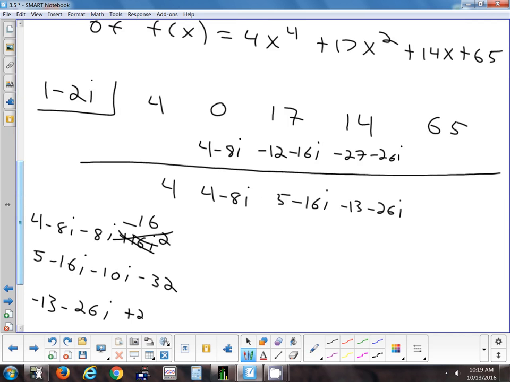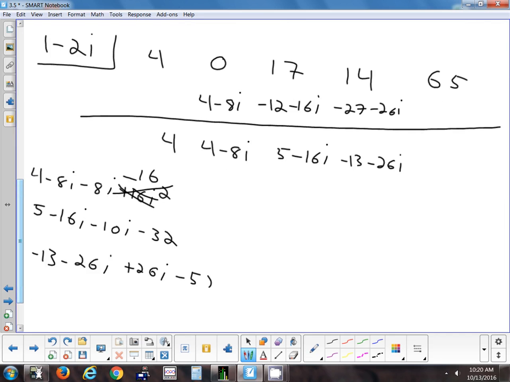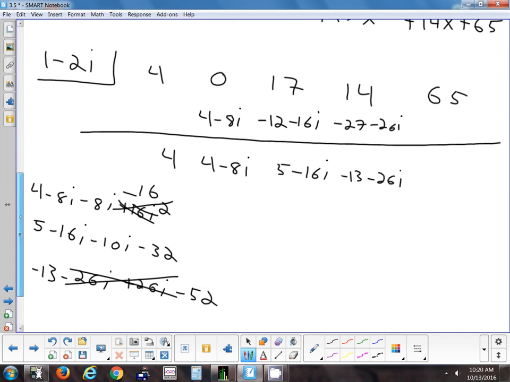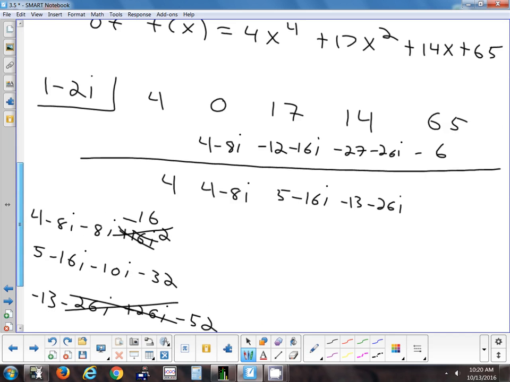Plus 26i, so that's good. Negative 2i times negative 26i. Yep, it would be a positive 52i squared, which is a negative 52. Negative 26i plus 26i is gone. What's negative 13 minus 52? Negative 65. And I have a remainder of 0.